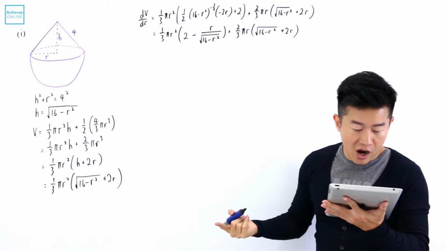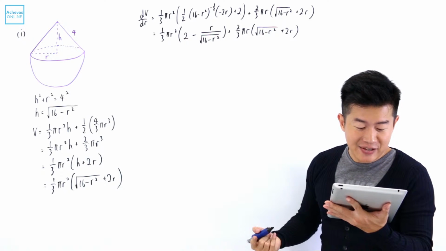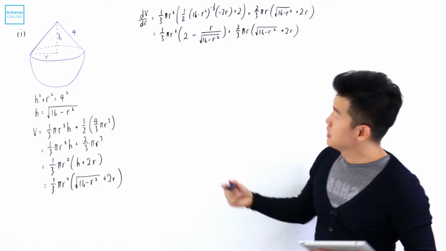So when r is equal to r1, dV/dr is equal to 0.